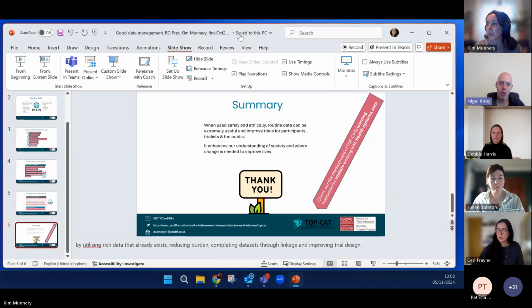Hopefully today we've shown you the importance of data management and making sure that we're getting the right data, the fundamentals of what we do and why we do it that way, the importance of our databases and the different ways that we've set them up, how we try to innovate our data collection, so that not one trial is the same, making sure that we're always doing the best for that specific trial, and also the growing use of routine data in trials and the benefits of this.